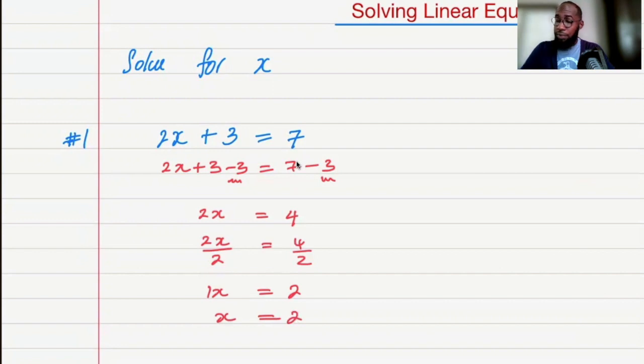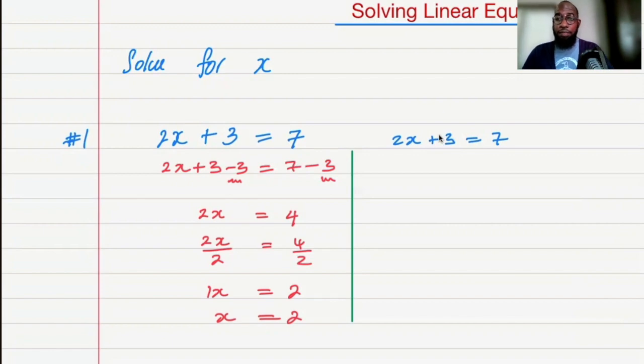Understanding the concept is very important. I'm going to show you the shorter way of writing it, which just involves the long way, but you're doing it mentally. If I rewrite the question, the first thing I'll do is get rid of this plus 3.